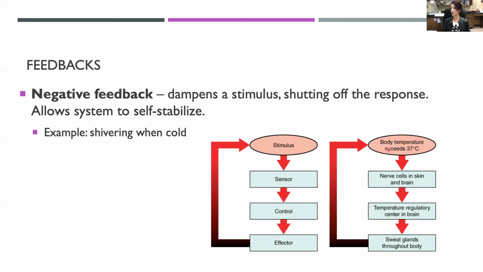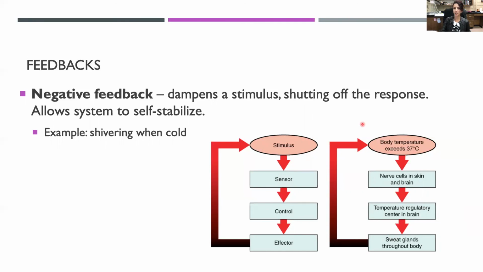So here, when our body temperature exceeds 37 degrees Celsius or 98.6 degrees Fahrenheit, the nerve cells in our skin and our brain are notified. This then triggers the temperature regulatory center in the brain, and then this promotes the sweat glands to activate throughout the body, which then provides a feedback back to the stimulus here.